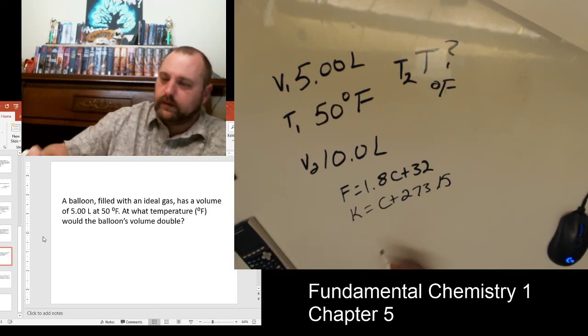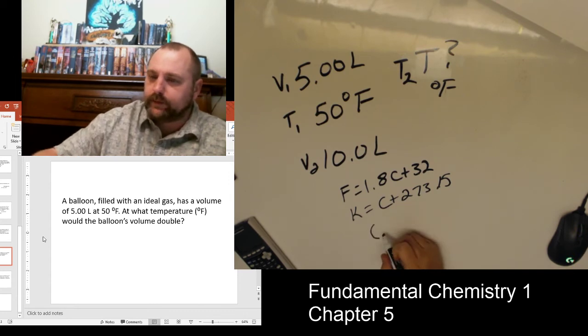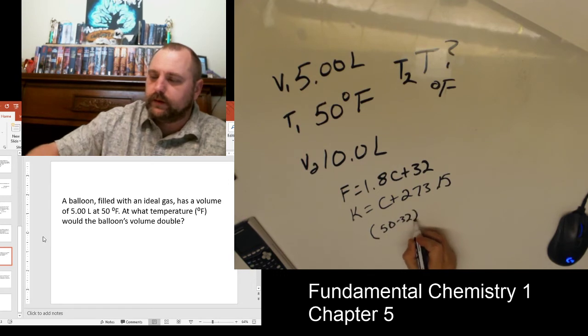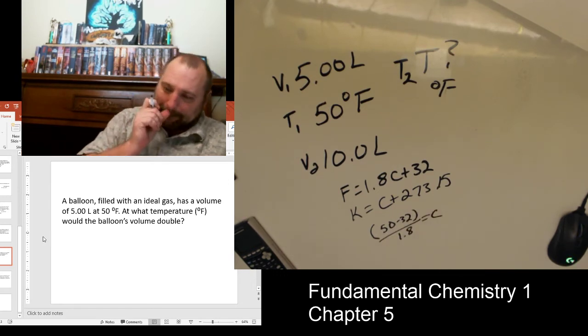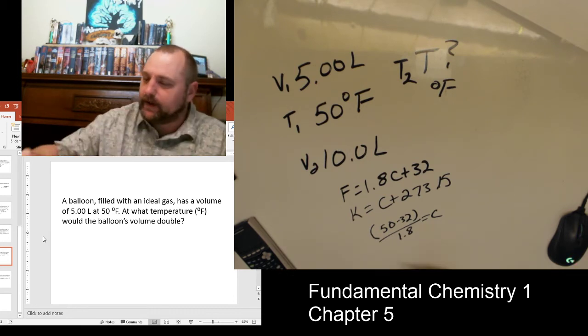So I'm just going to take my parentheses, don't forget those. So 50 minus 32 divided by 1.8 will be my Celsius. 50 minus 32 divided by 1.8, I get 10 degrees Celsius.